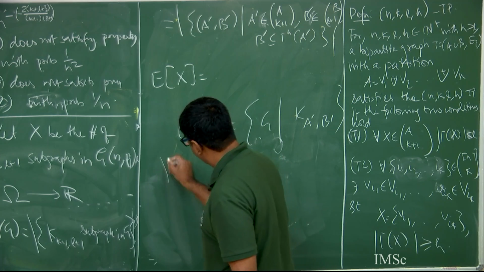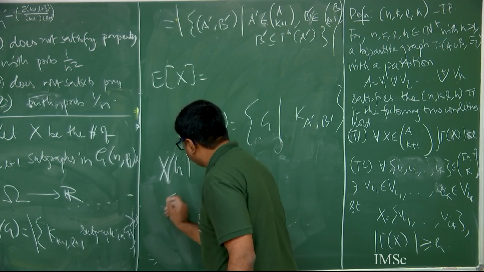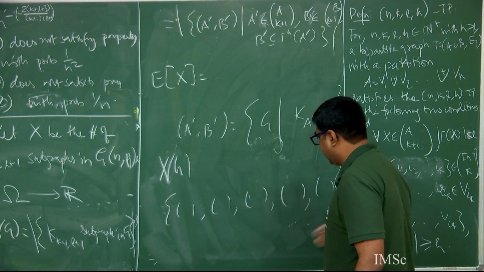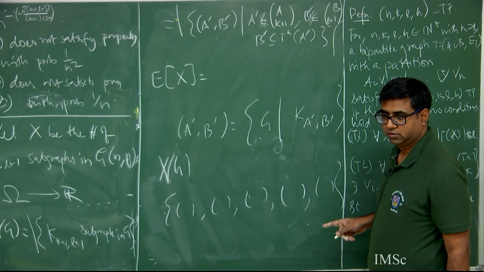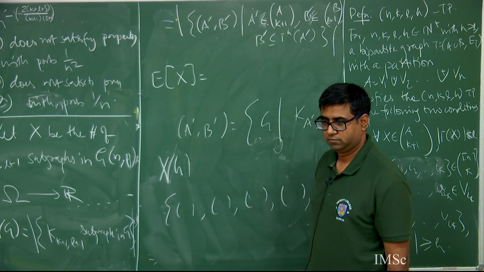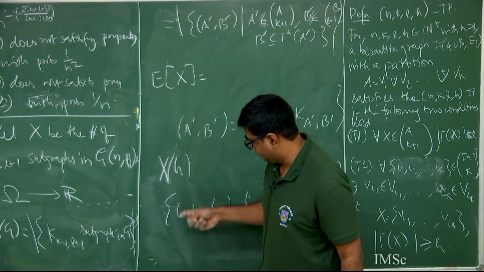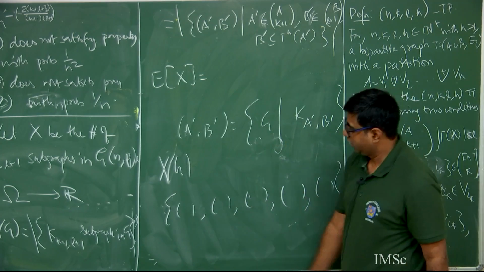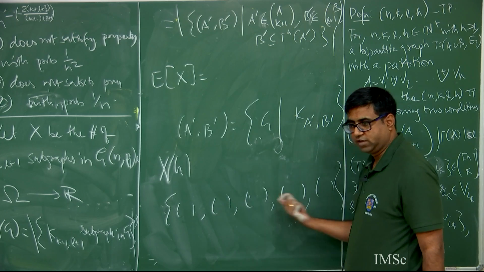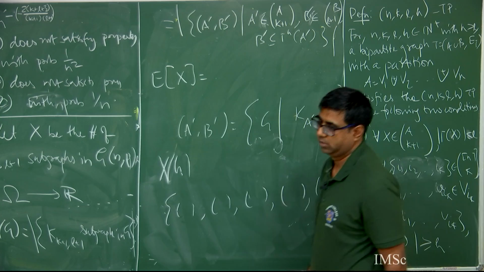Or another way of thinking of this: when I say x of g, let's look at the tuples which it contributes. Suppose these are the tuples which give me k plus 1, L plus 1. I write down the tuple A prime B prime for this fixed graph G. What is the probability of this tuple? Whatever this object is, you sum them up, which is the same as taking this and multiplying with the probability of the event, and that's it.